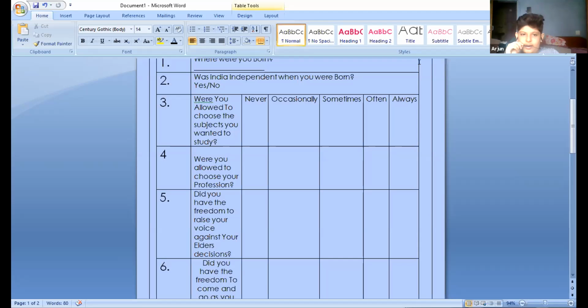Freedom of expression, freedom of thoughts, freedom to choose. When I started with the questionnaire, you were there, Vraj. That was only an introduction about freedom. But we discussed it last week, Arjun.